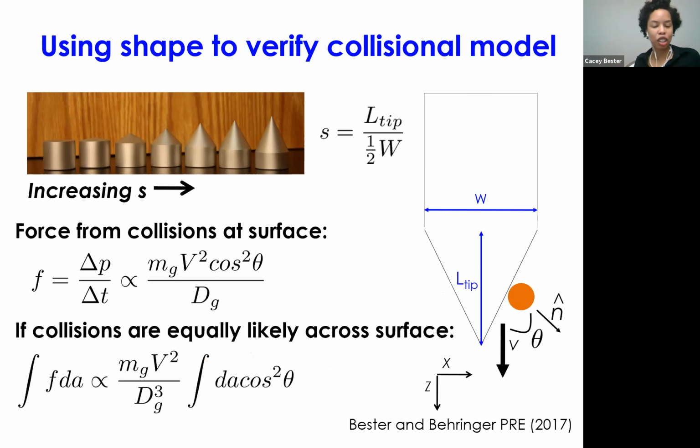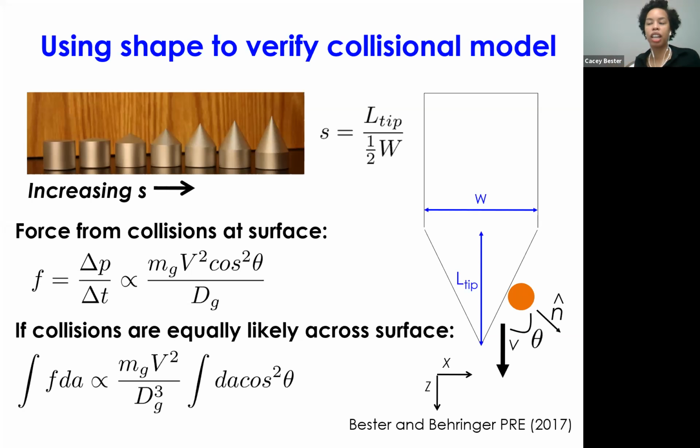Since our force dissipation is due to these normal collisions that capture the inertial drag, or so we're proposing, then by changing the shape of our projectile, we change the interaction that our object has with the granular media itself. And that should manifest itself in a change in our inertial drag measurements.